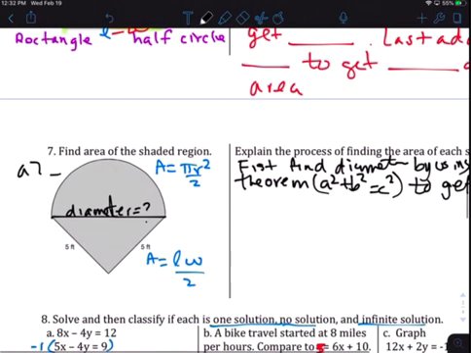A squared plus b squared equals c squared. A and b are 5, so 5 squared plus 5 squared equals c squared.